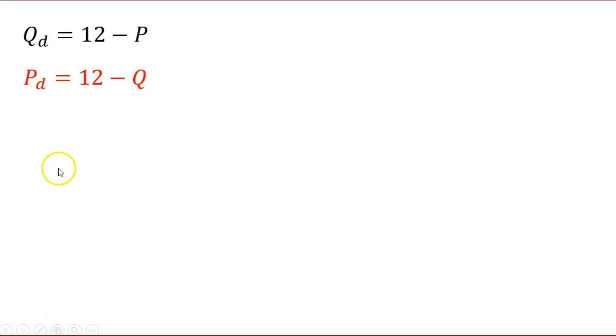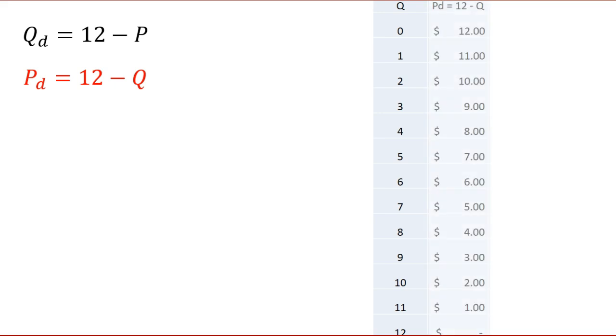So far so good. So if we then put that into an Excel spreadsheet, we can have quantity going from 0 up, and then in the next column the price, which is going to be 12 minus the quantity.